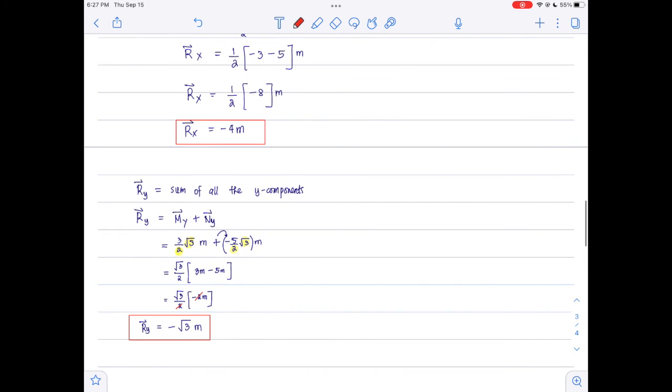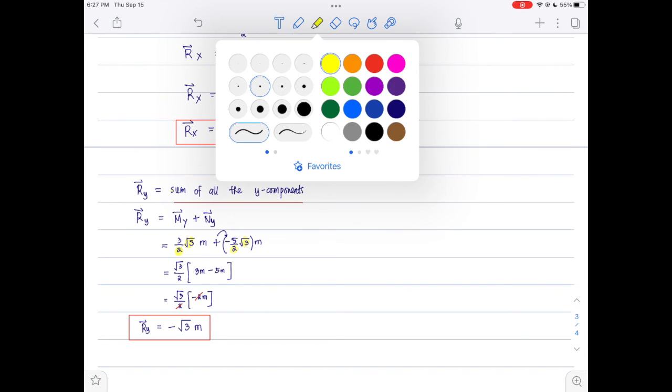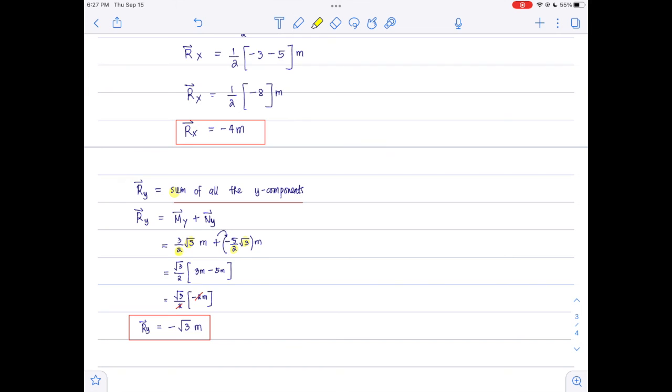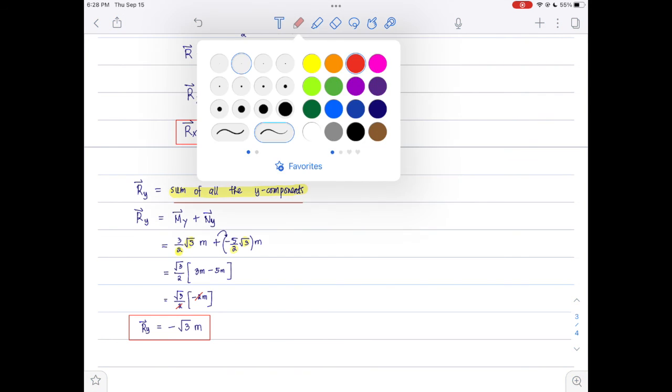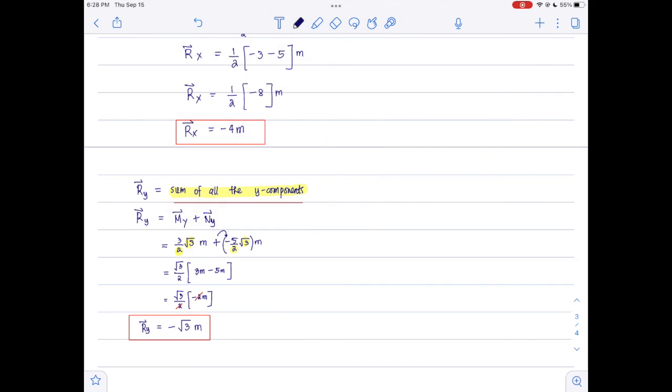That is merely the sum of all the y components of your two vectors. Since you are dealing with vectors m and n, it's m sub y plus n sub y. I'm hoping you understood that portion because we are going to go to C, or step 3.